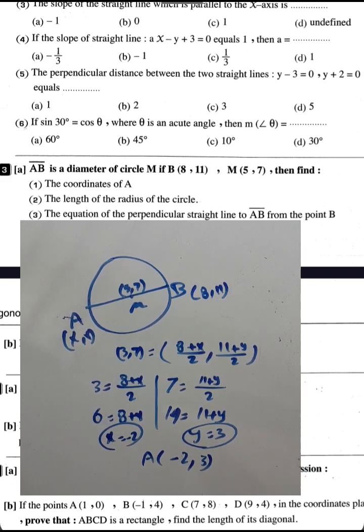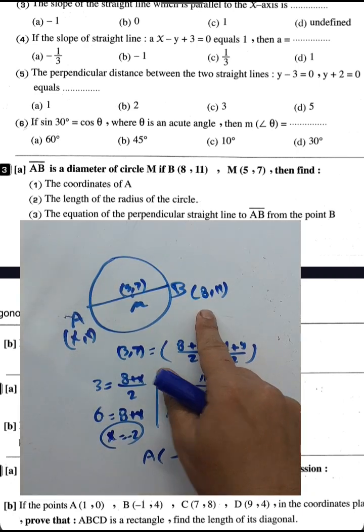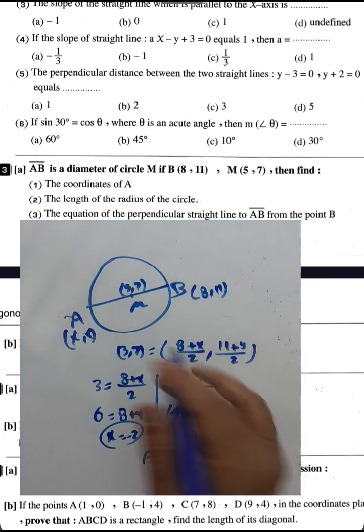Again, B is (8, 11) and M is (5, 7). It's 5, not 3, okay?